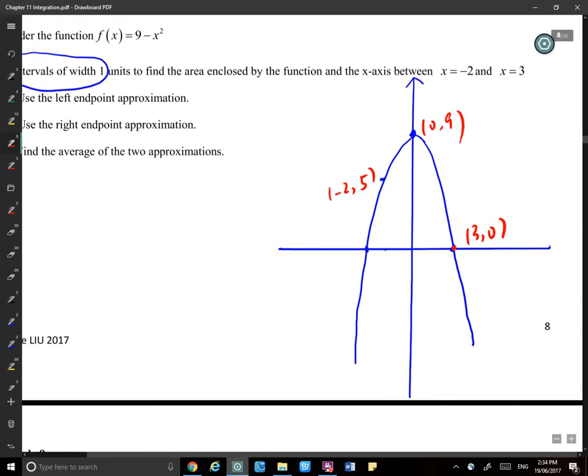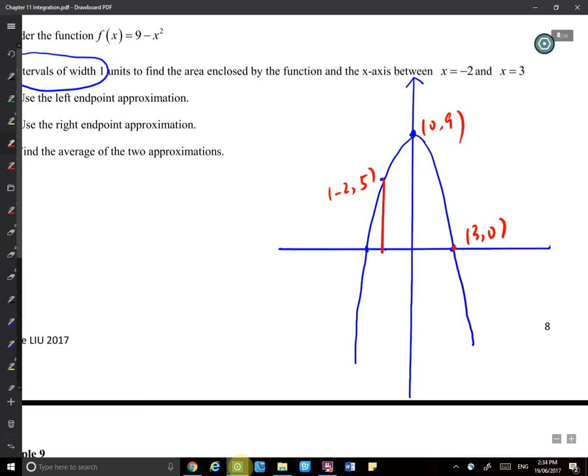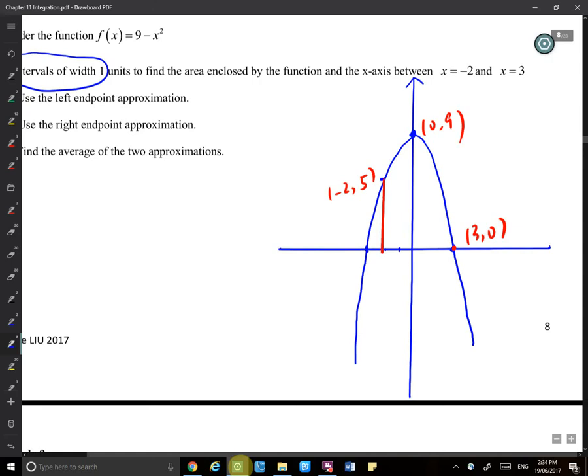Okay, so if we use left-hand side approximation, 1 unit, the rectangles you can sketch will be, I'll use an obvious color.